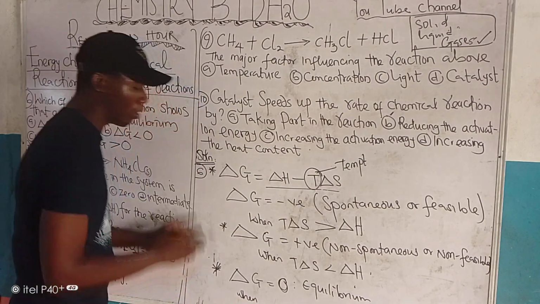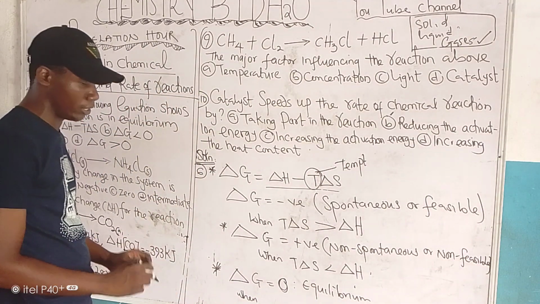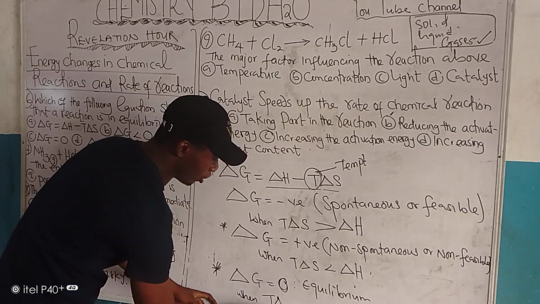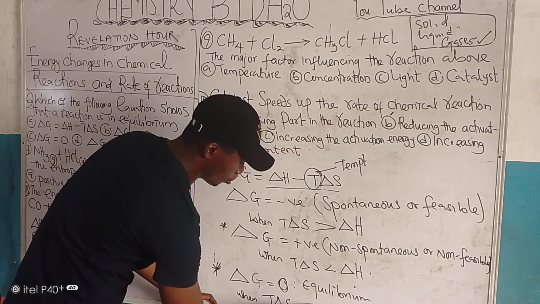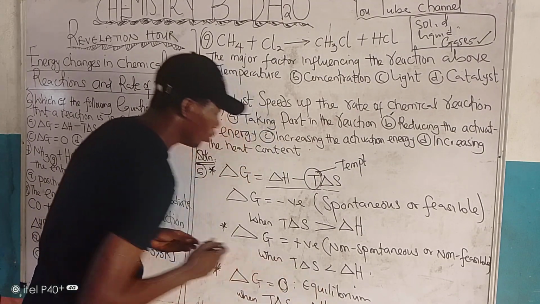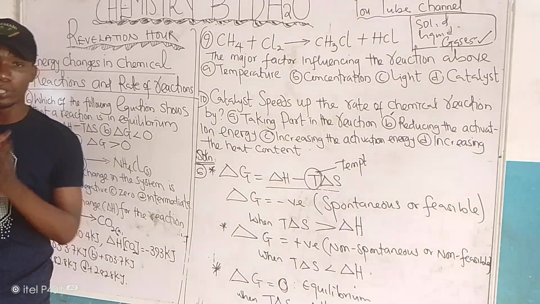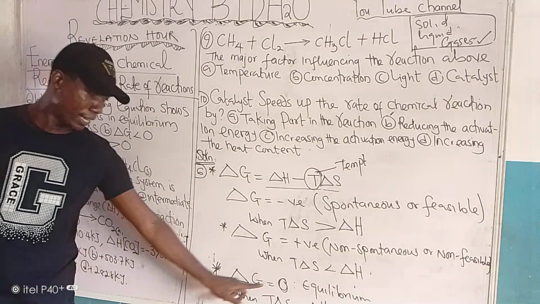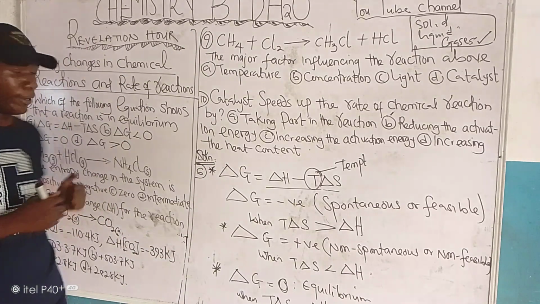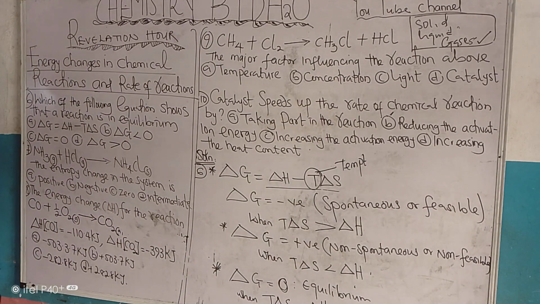Please take your biro and your paper, make sure you are jotting this down. It means that your temperature times entropy change is equal to your what? Enthalpy change. So the question says, which of the following equations shows that the reaction is in equilibrium? The reaction is said to be in equilibrium when your Gibbs free energy is equal to what? 0. So what is the answer to this question?